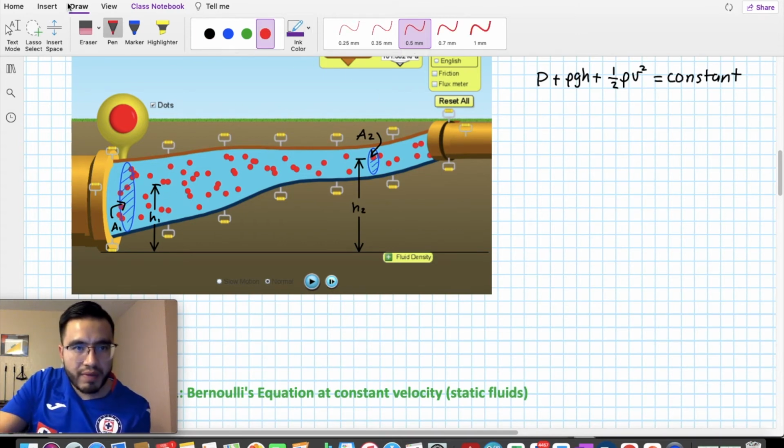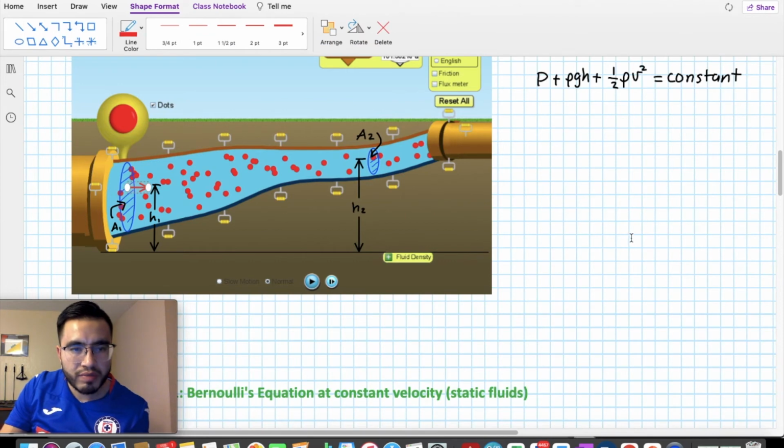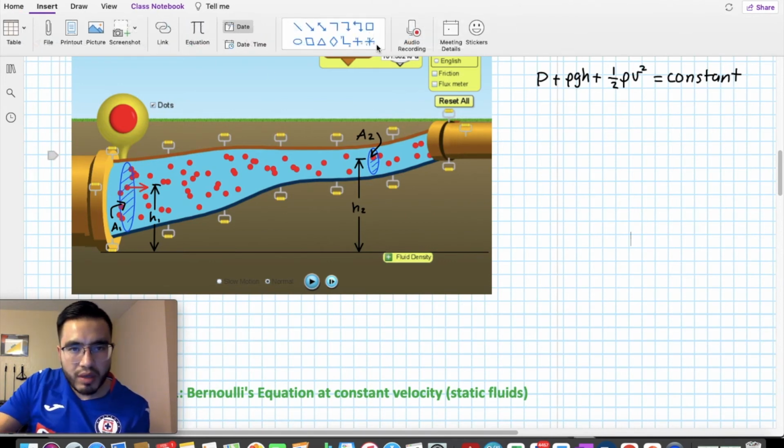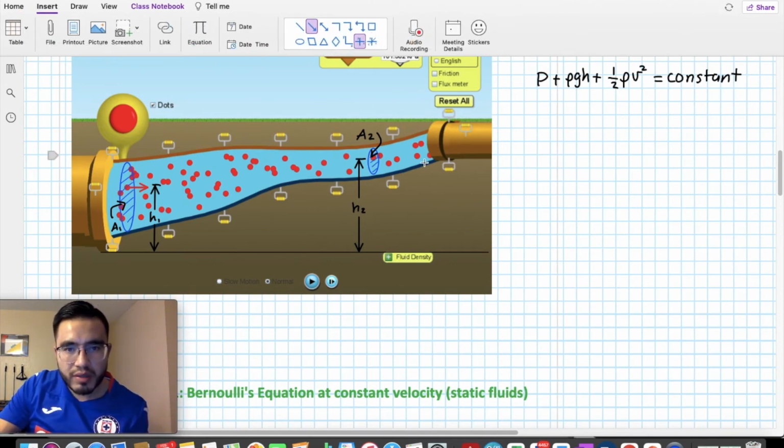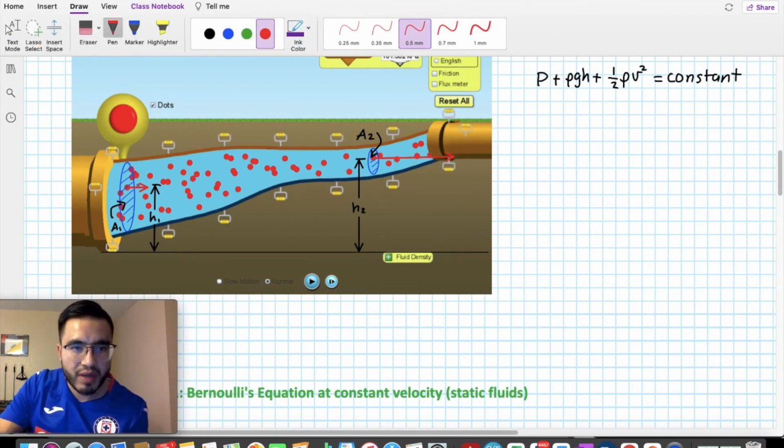So we have this one with velocity v1, and then we have this molecule with velocity v2. I'm exaggerating the velocity, but it's fine, just so we know they're different velocities, right? So this is velocity 1.